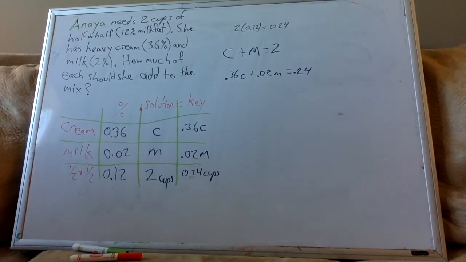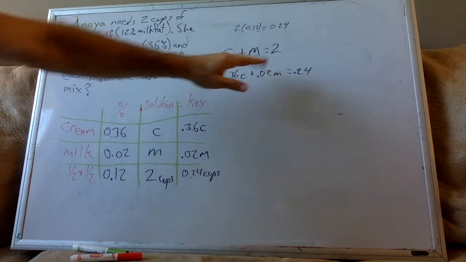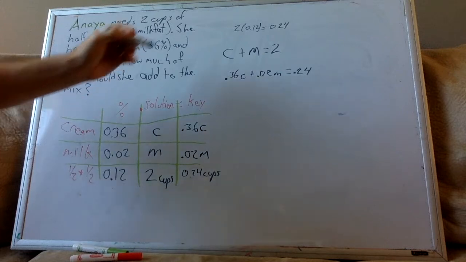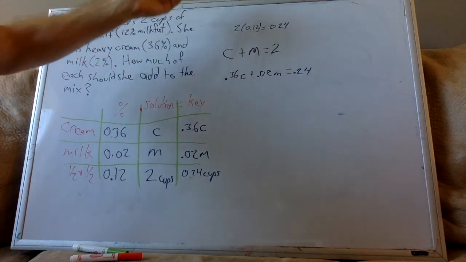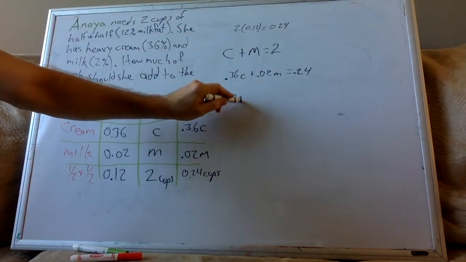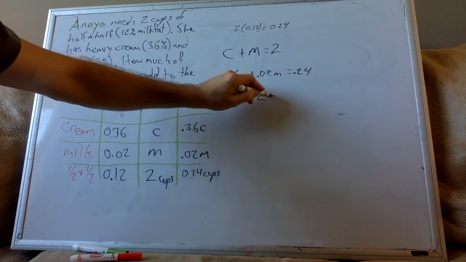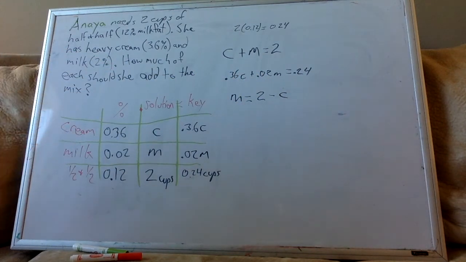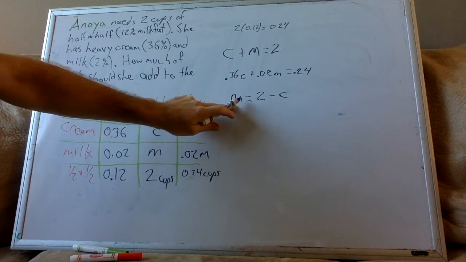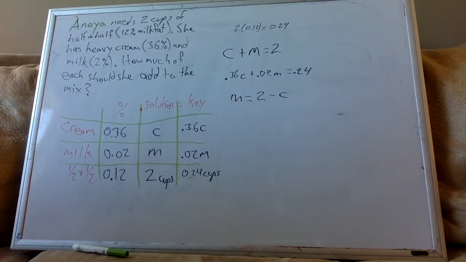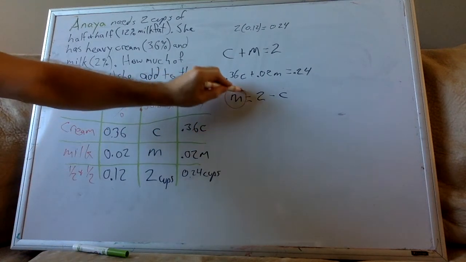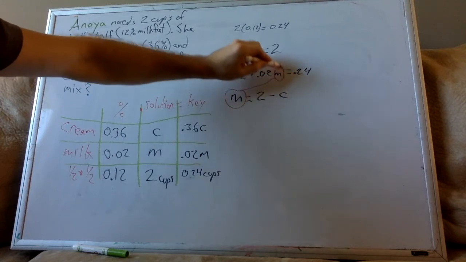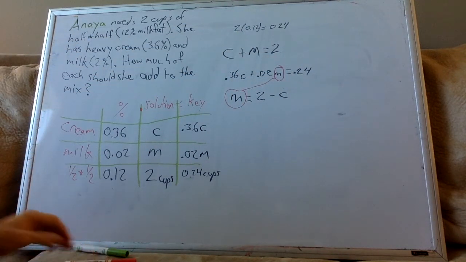All right, so I'm going to use a substitution here. The amount of milk that I put in is going to be 2 cups minus however much cream I put in. Now that I know what my milk value is, I can substitute that where I have my milk value.